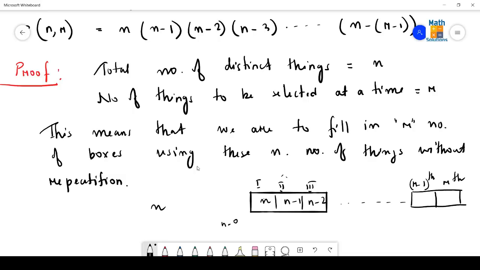Then for the second place, I am writing here n minus 1, means the position is 2 here, but number subtracted here is 1. That means that is 1 less than the position number. Then in the third place, position of this place is 3, but the number I am subtracting is 2.